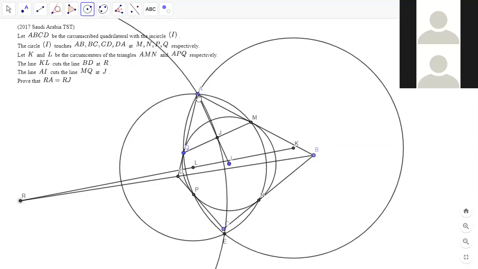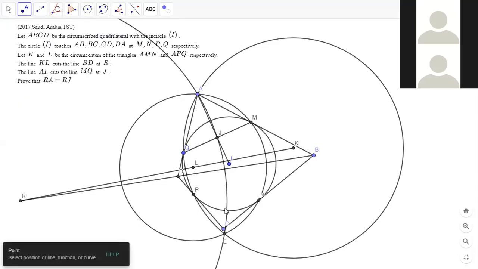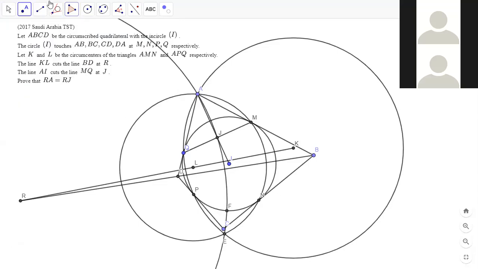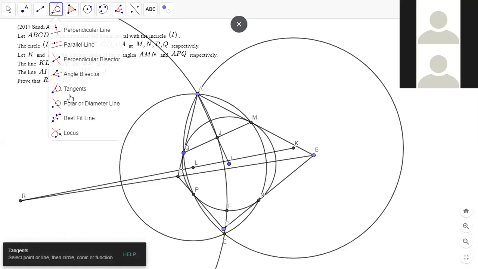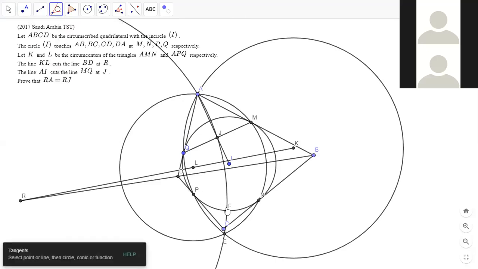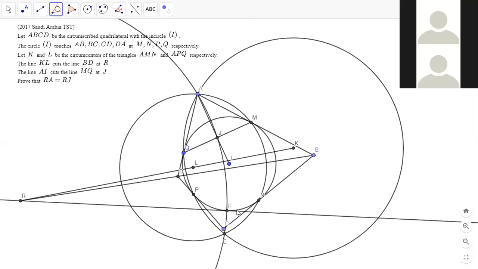So if we draw the circle through A, J, and E, it looks kind of orthogonal to the incircle. That's interesting. Yeah, that is true because you can just use power of a point to prove it. So that's just power of a point to prove that they're orthogonal.